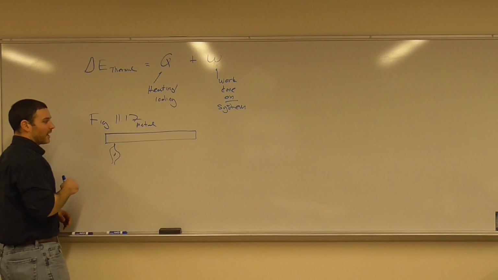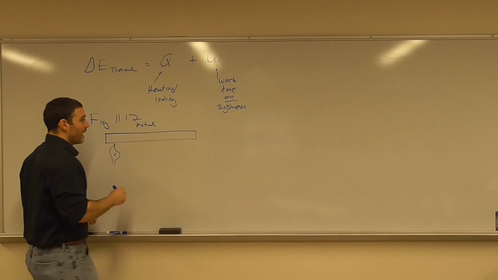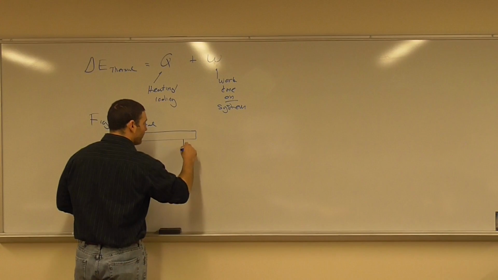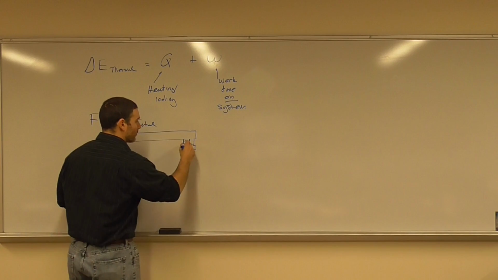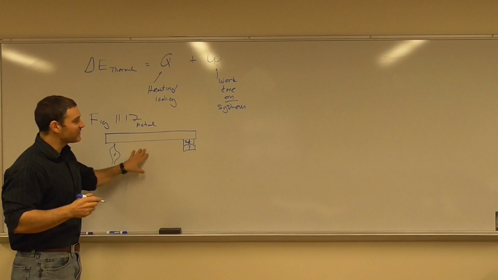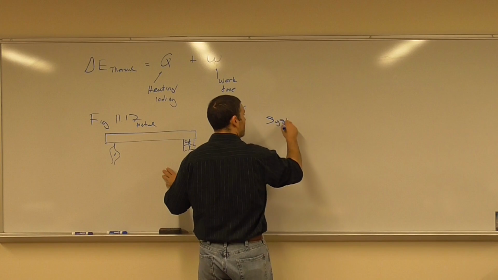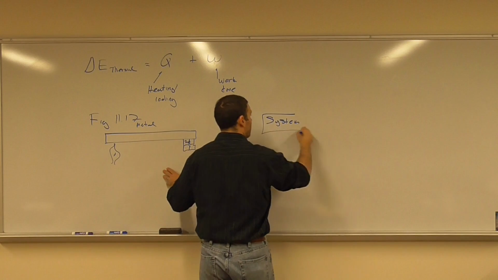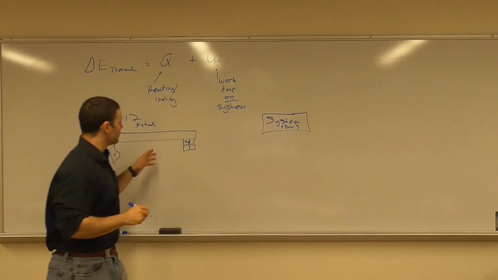Again, the verb, the process of heating. And on this side, we put the side in contact with some ice blocks. What happens is our system here is the bar.